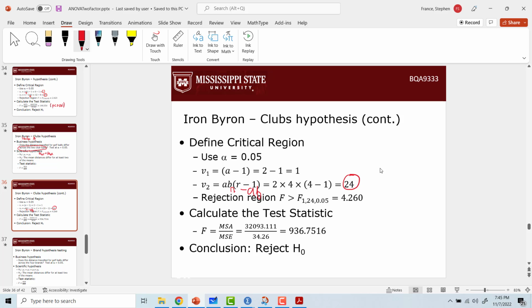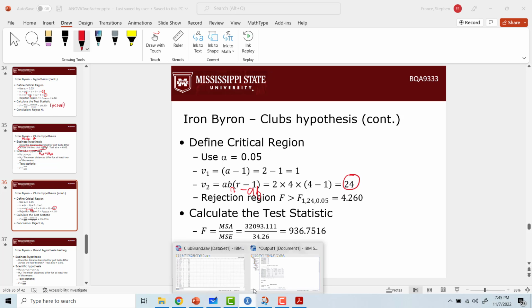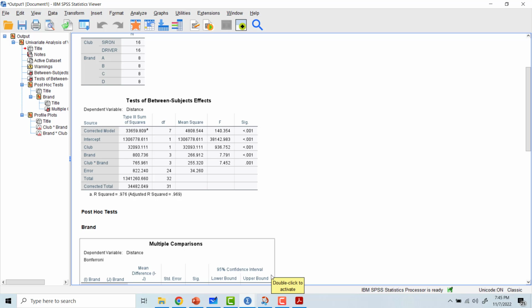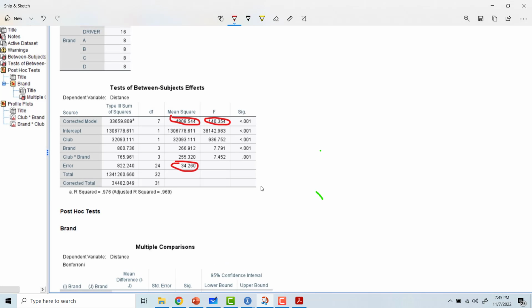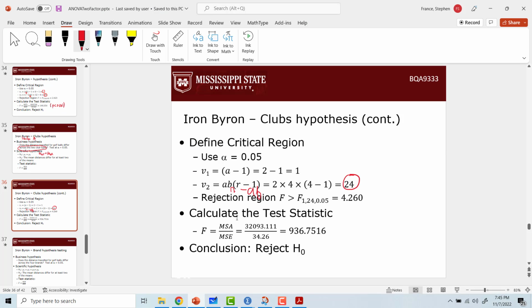Let's go back to SPSS. For the club, mean squared, same error as before, 32,000 divided by 34 gives us this F, 936, which is way, way, way bigger than 4.26 for obvious reasons.